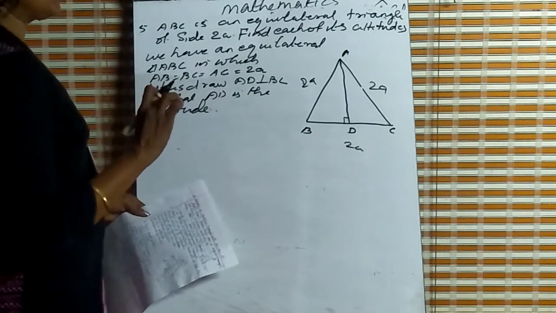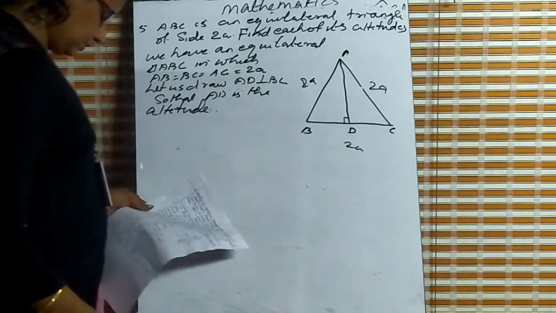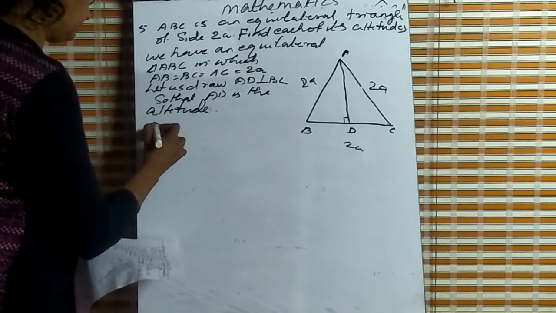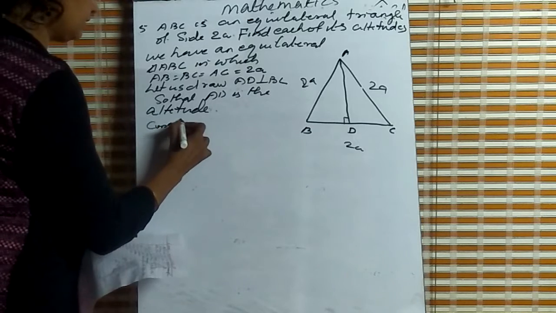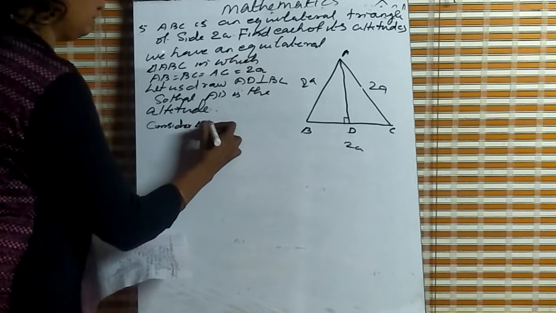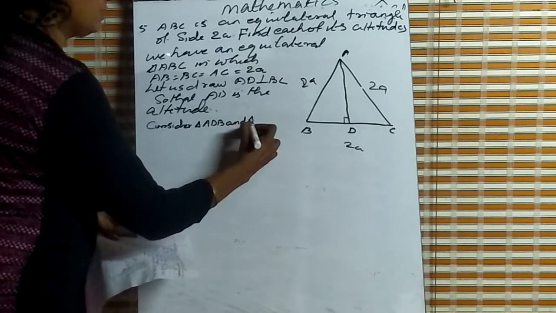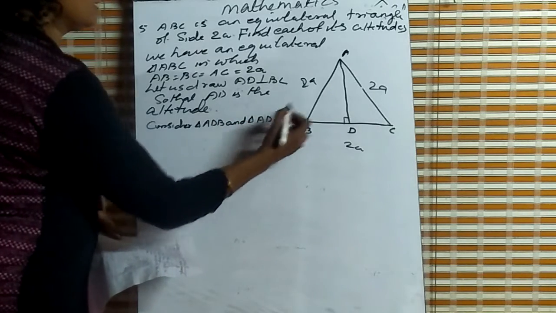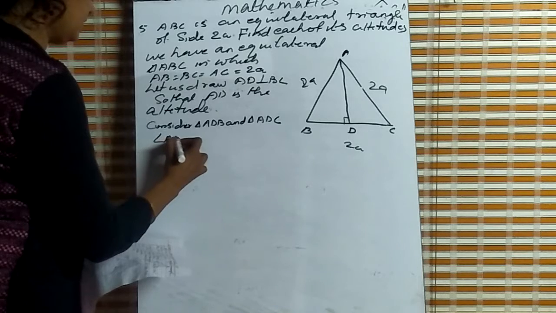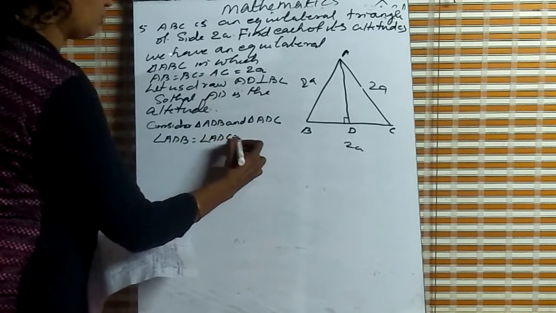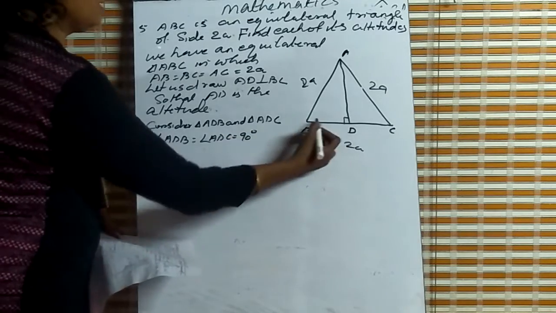For that, listen, first we prove these two triangles are congruent. Consider triangle ADB and triangle ADC. Then angle ADB is equal to angle ADC is equal to 90 degree.